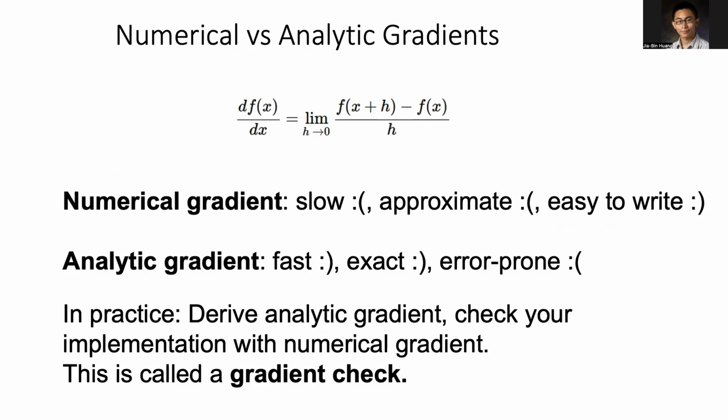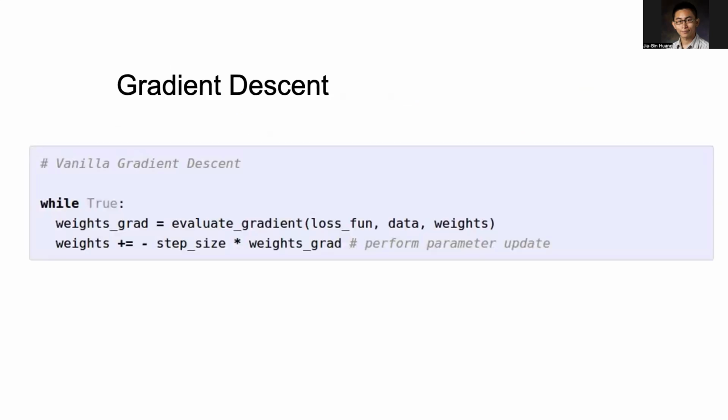The overall algorithm looks like this. I have a gradient descent algorithm. We first start with some initial guess, and then I compute the gradient: if I move in a certain way, how much will the loss increase.